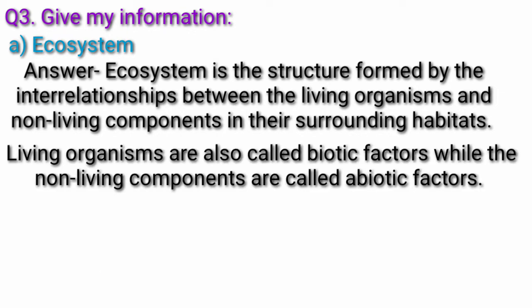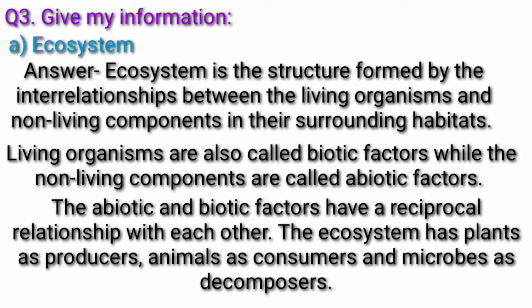Living organisms are also called biotic factors, while the non-living components are called abiotic factors. The abiotic and biotic factors have a reciprocal relationship with each other. The ecosystem has plants as producers, animals as consumers, and microbes as decomposers.